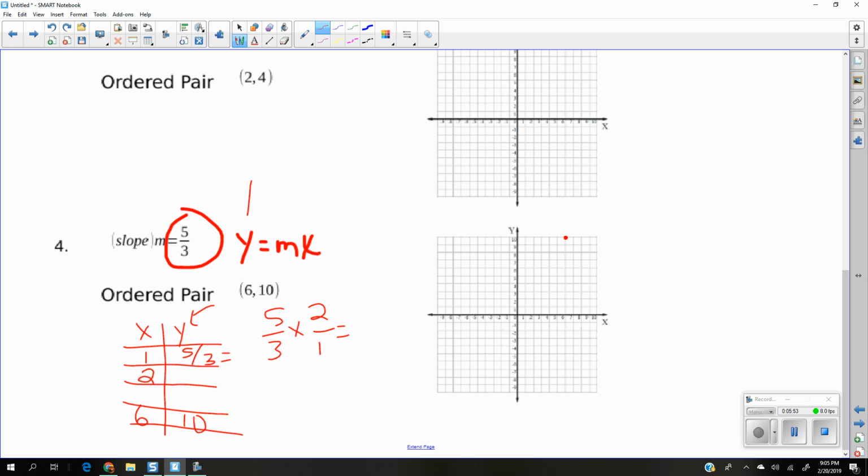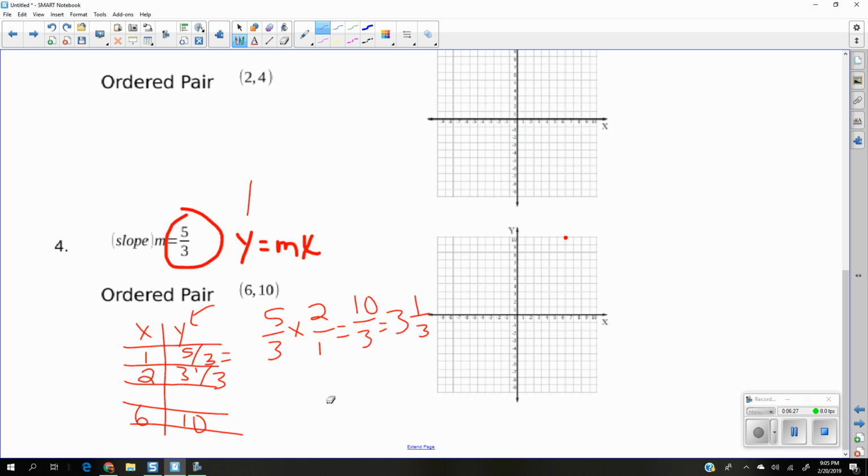Then we multiply straight across and we have 10/3, which is equal to 3 goes into 10 3 times, 3 is our denominator, 3 1/3. So in this case, we would rise 2 and go over 3 1/3, which we're not going to do. But this is our proportion, because we're multiplying the same thing.